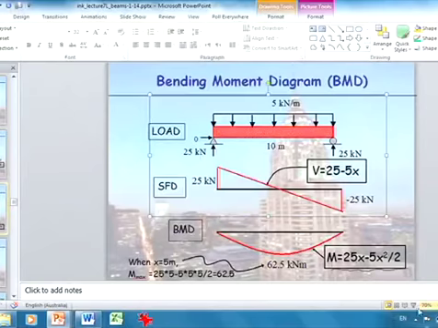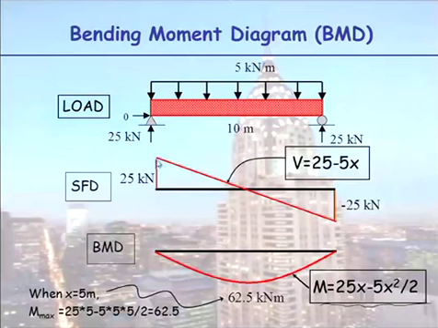This one here. See the slope of this line here? What is the slope of that line? It steps up 50 kilonewtons over 10 metres. The slope of that line is therefore 50 divided by 10, which is 5. Our load is 5 kilonewtons per metre.